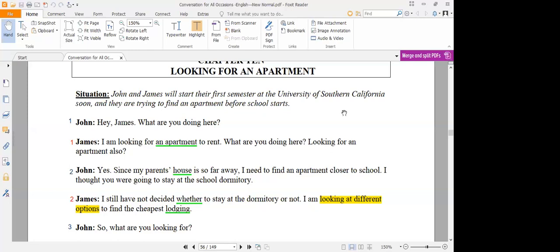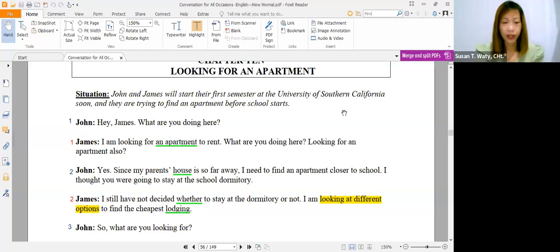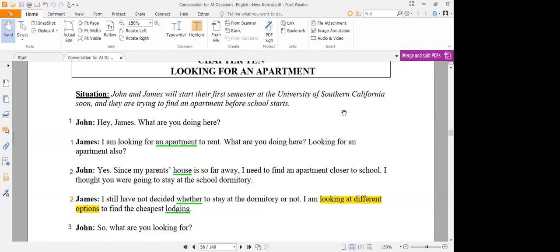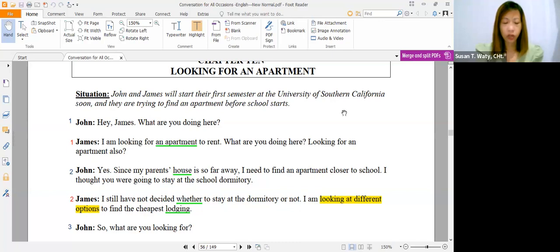Okay, let me repeat, okay, guys? Hadisha's doing John's number 1, 2, 3, and also John's 12, 13, 14. Dian is doing James number 1 and 2, also John's 9, 10, 11. Nani is doing John's 4, 5, 6, also James 7, 8, 9.